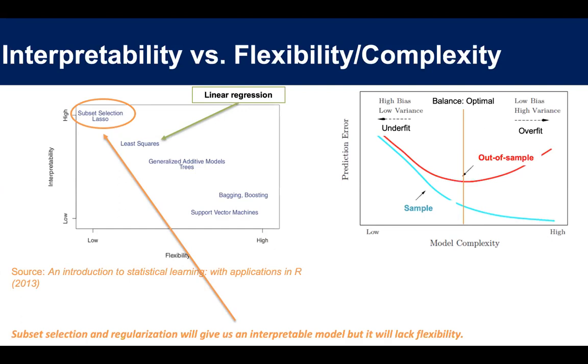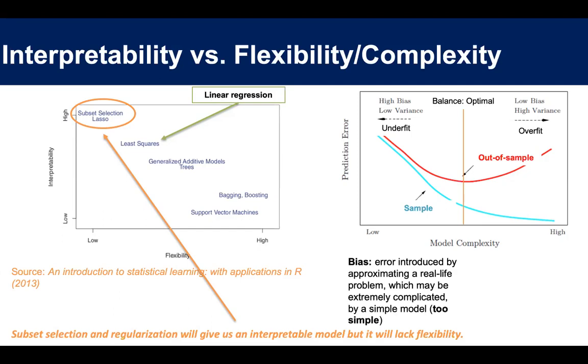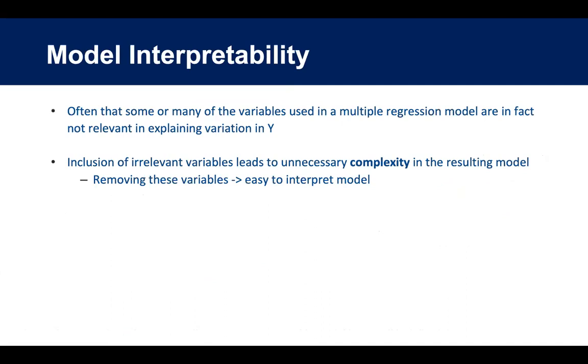So we'll actually get high prediction error if we try to use that complex model on some out-of-sample data. So bias stands for the error introduced by approximating a real-life problem, which may be extremely complicated, using a simple model. So we got too simple. Whereas variance is the amount that the predicted value would change if we used new or different data. So in that scenario, we got too complex.